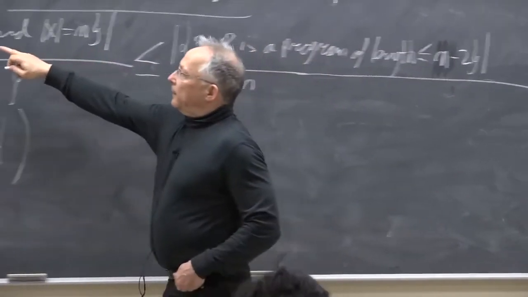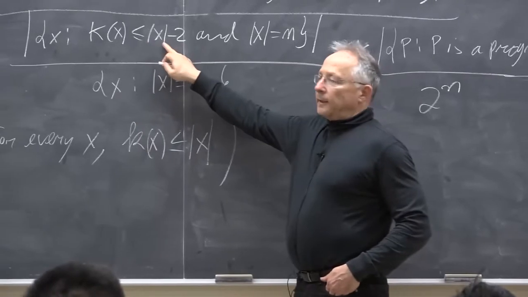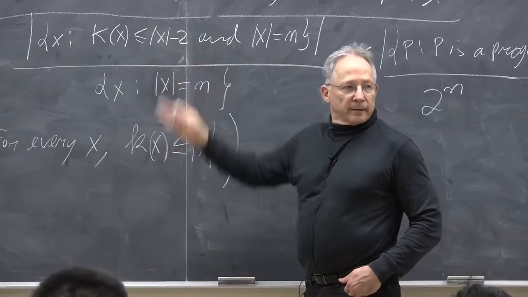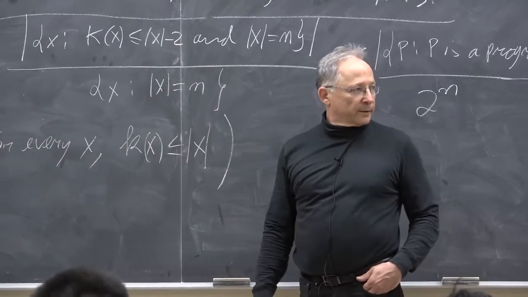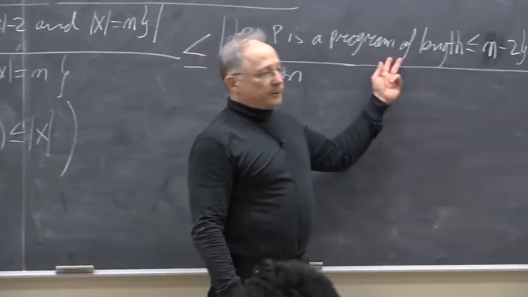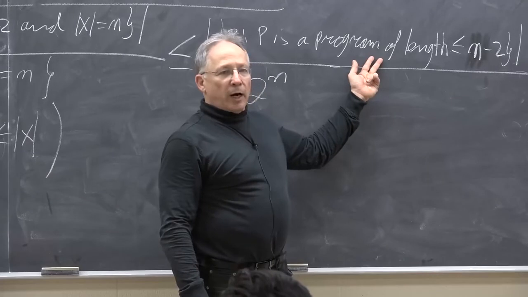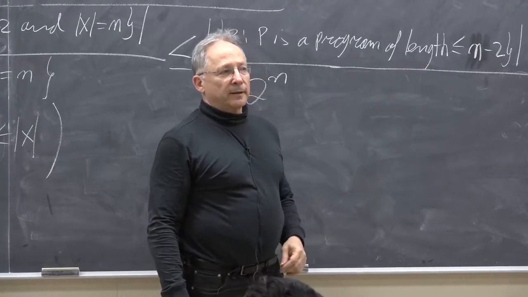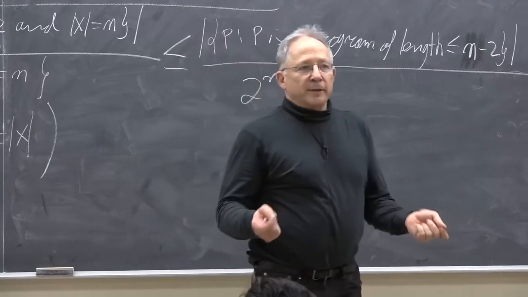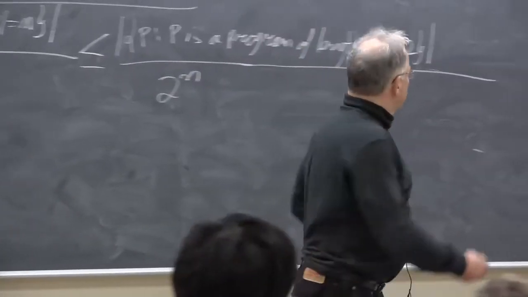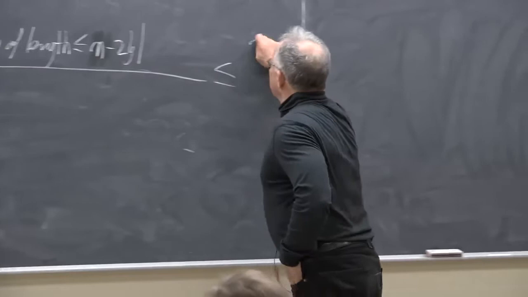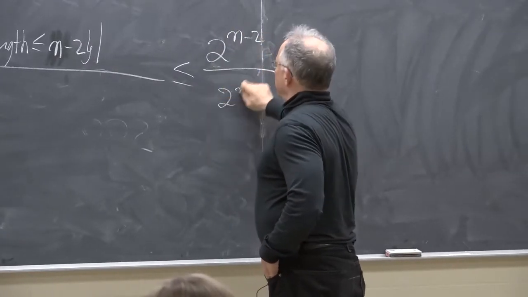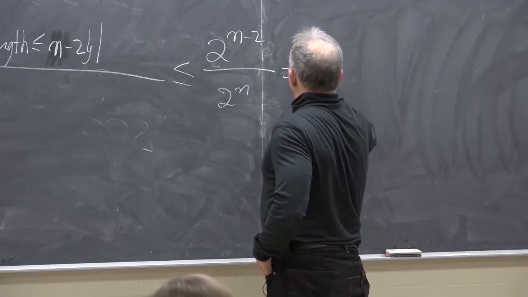And since its Kolmogorov complexity is at most n minus 2, the program will be of that length. That's what the Kolmogorov complexity means. But this is the bit length of the program. So how many programs do I have of lengths like this? A program is just a binary string. So this is at most 2 to the n minus 2, and over 2 to the n, which is a quarter.